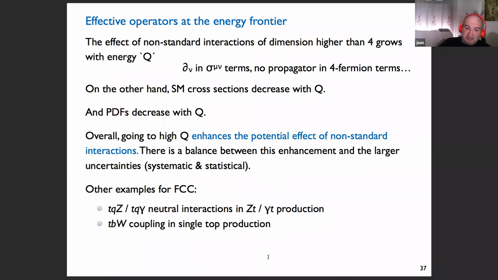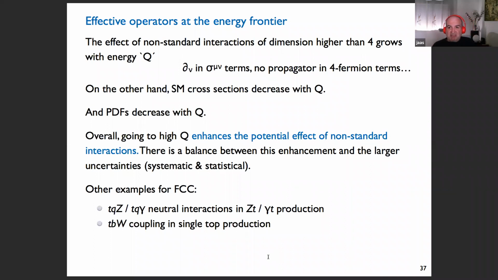At the energy frontier, it's very useful to go to as high energies as possible to probe the effect of the dimension 6 operators. Not only, as I have shown, for the chromomagnetic moment, but for all kinds of dimension 6 operators, because the effect of the extra contribution beyond the standard model grows with the energy.